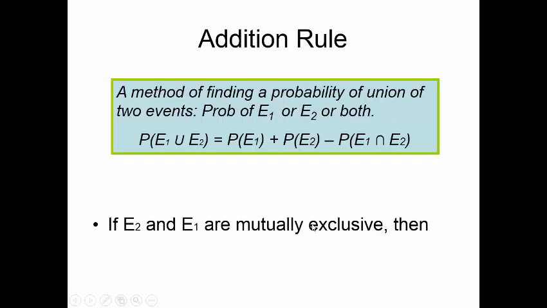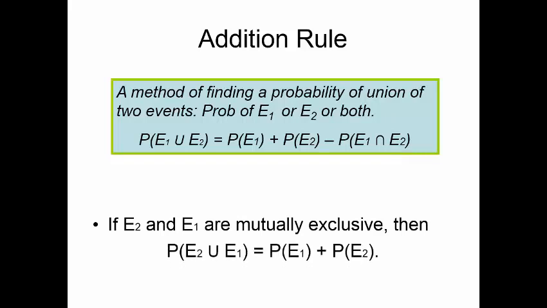As you know, the union is E1 or E2 or both. So the probability of E1 or E2 or both is given by this formula: the probability of the union of E1 and E2 is the probability of E1 plus the probability of E2 minus the probability of E1 and E2 happening together.